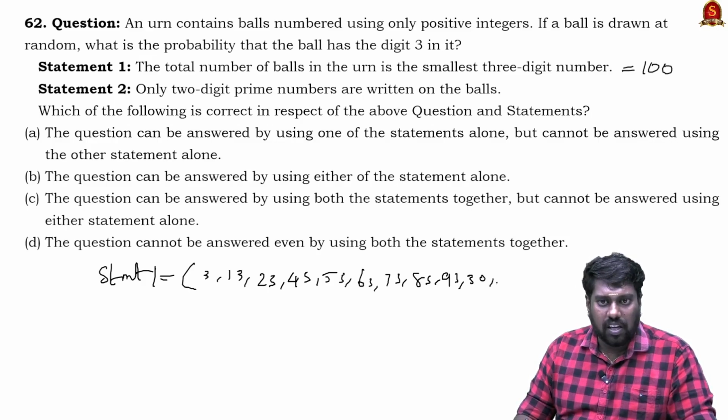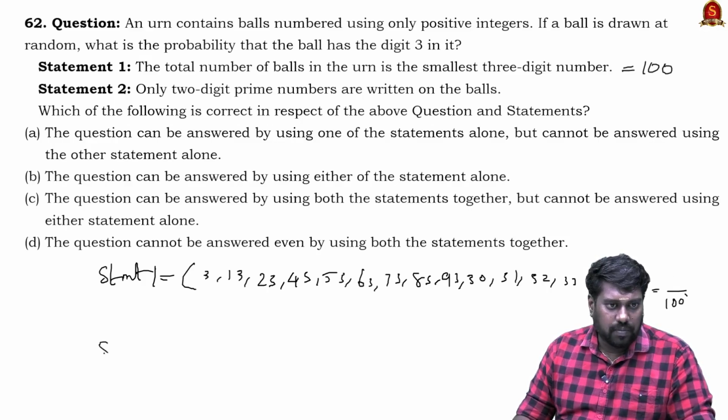Then 30, 31, 32, 33, etc. It will go up to 39. So in this you will have an answer divided by 100, and in the top you will have some value. Okay, let it be.